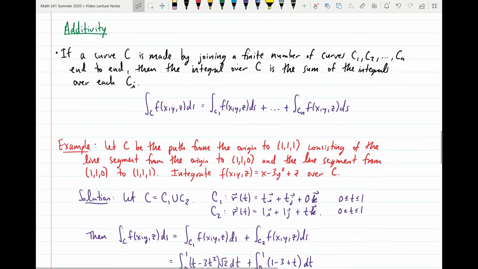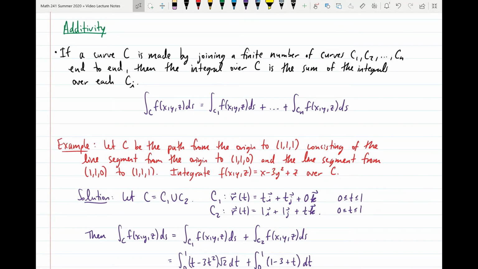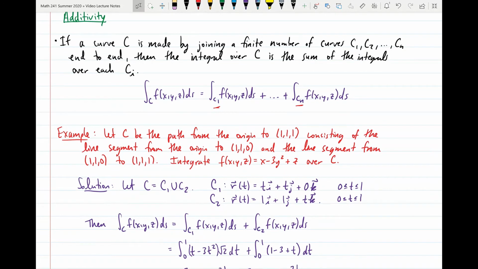So another way to write this is the integral of f of x, y, z over the curve C is equal to the integral of f of x, y, z over C1 plus the integral of f of x, y, z over C2, and so on, all the way up to the integral of f of x, y, z over C sub n. So this is the generalized notion of the additivity of the integral from Calc 1.